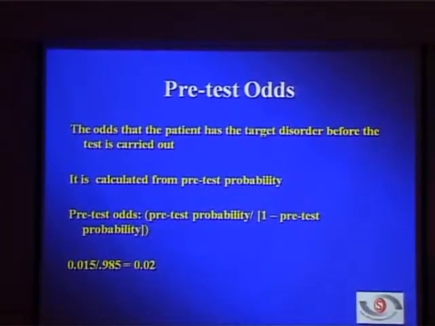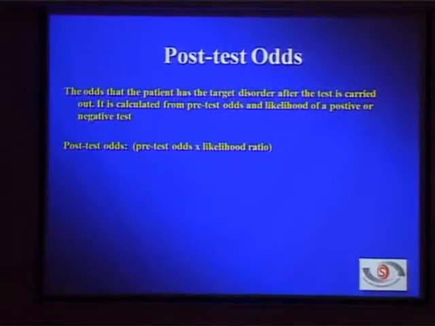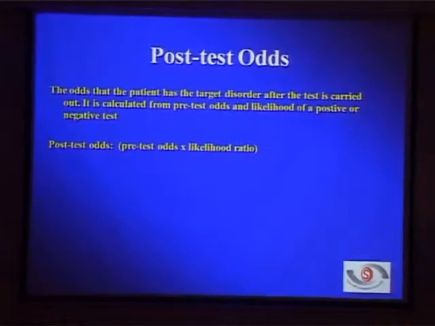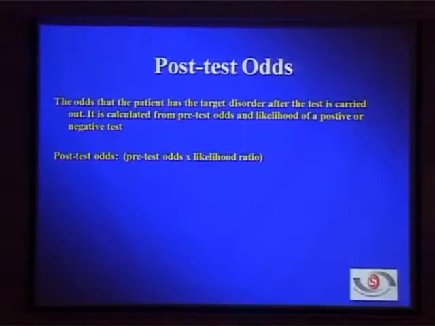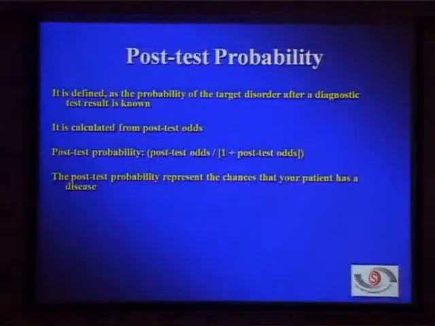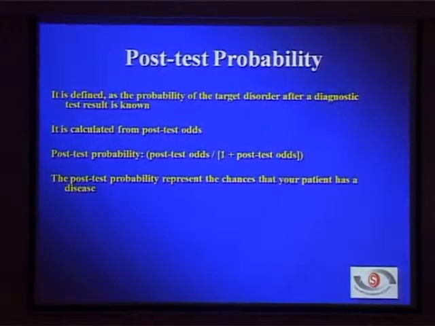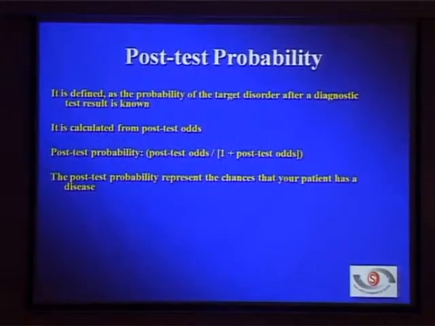Multiply the pre-test odds by the likelihood ratio of whatever test you are doing, and you get the post-test odds. Then divide the post-test odds by 1 plus the post-test odds, and you get the post-test probability. So with each individual test, you go from pre-test probability to post-test probability of having disease.